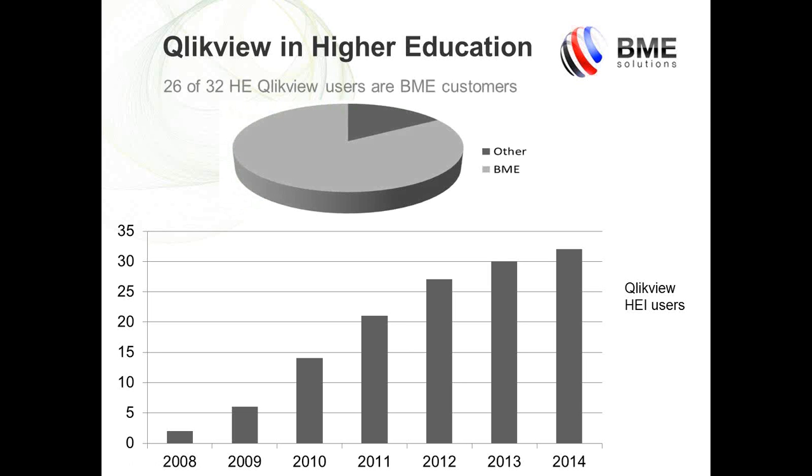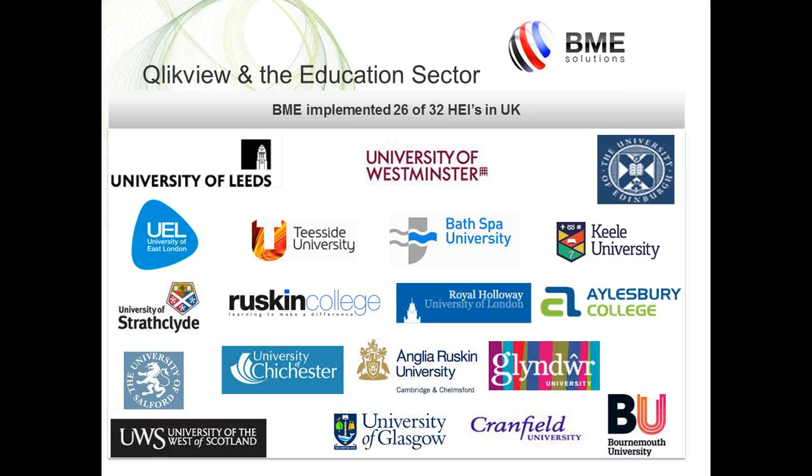Of those 32 universities, 26 of them are BME customers, and we have implemented or assisted those universities to implement the software. Just to give you an idea of some of the universities that use Qlikview, there are some university logos on the screen there, and it's been used very broadly across the sector.